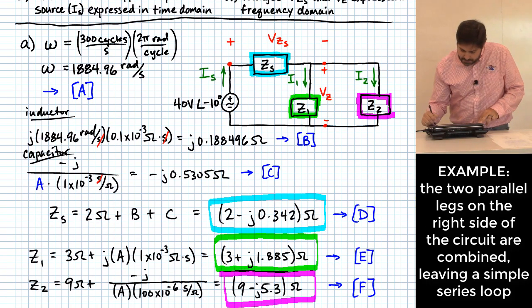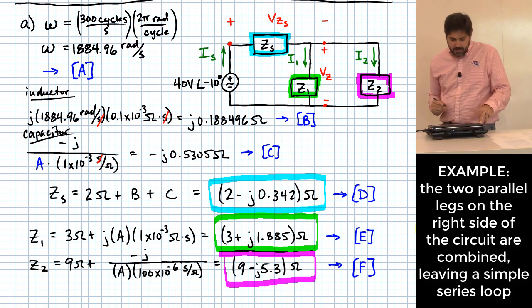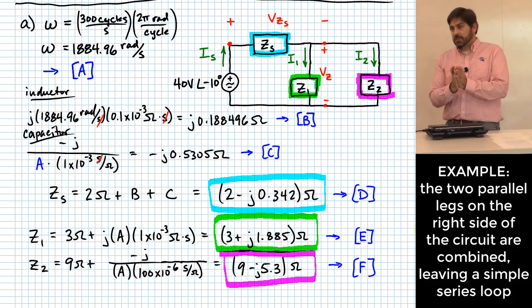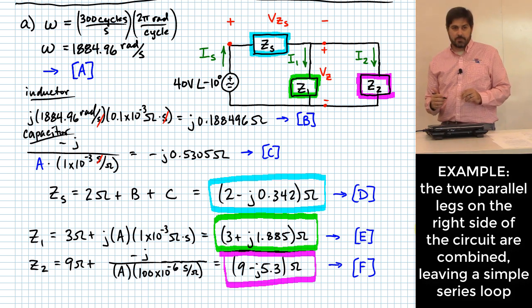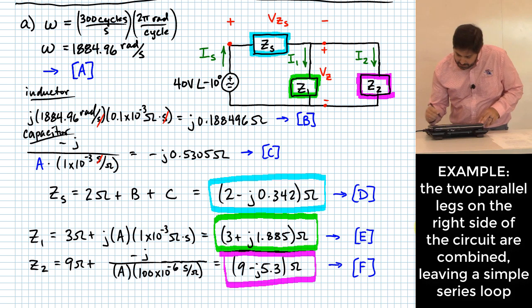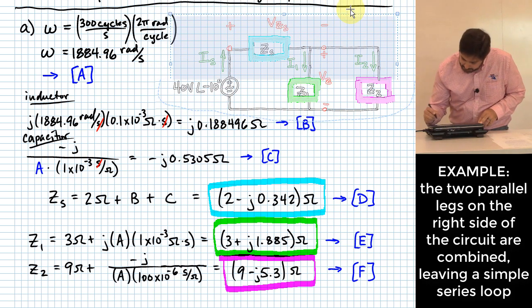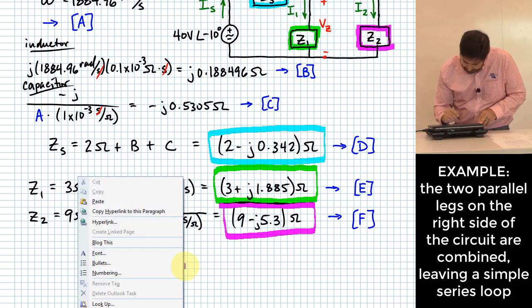What do we want to do with this circuit now? Yeah, I think doing one more combination of complex impedances might be in order to turn this into essentially just a big series circuit, right? Just one series circuit. What I mean by that is, let me take this circuit right here and copy it, put it down here.